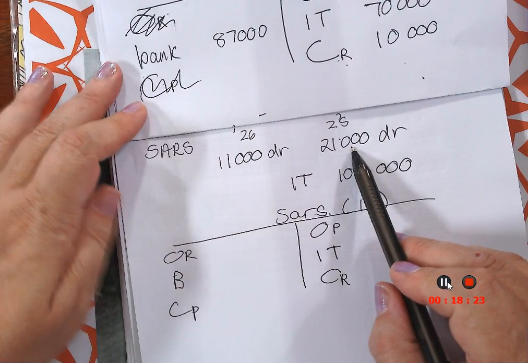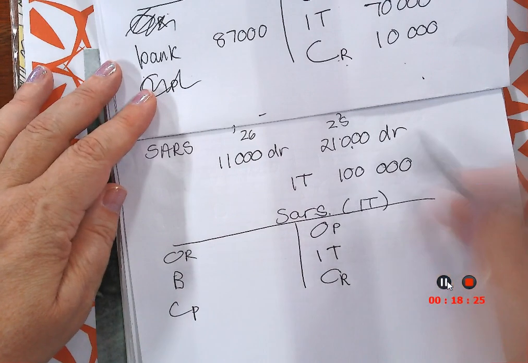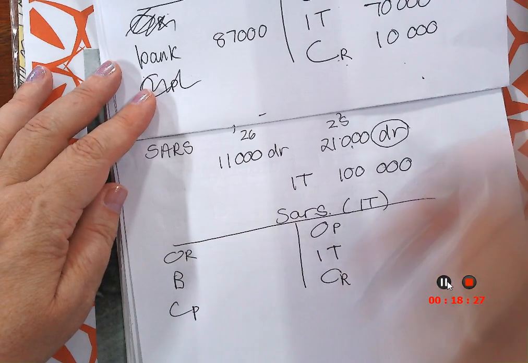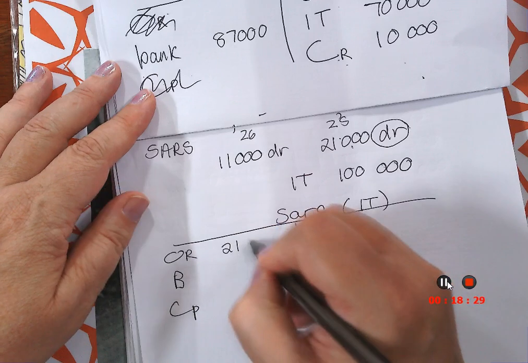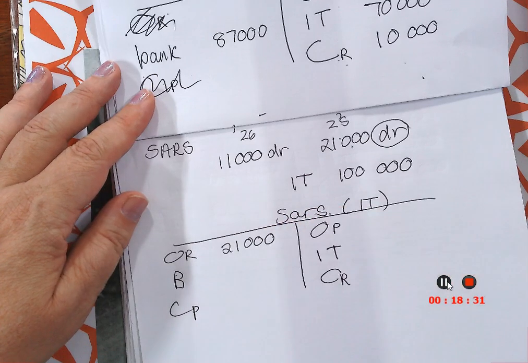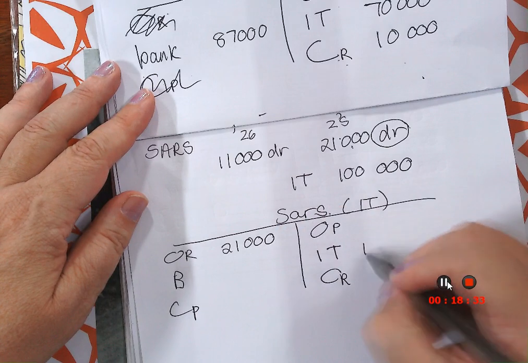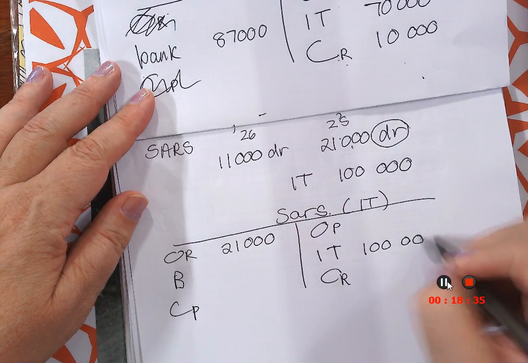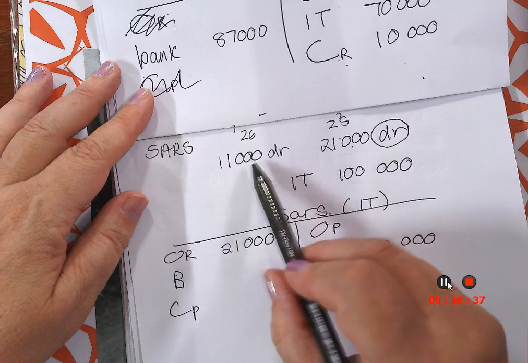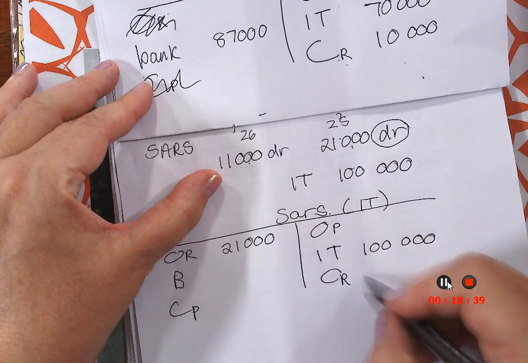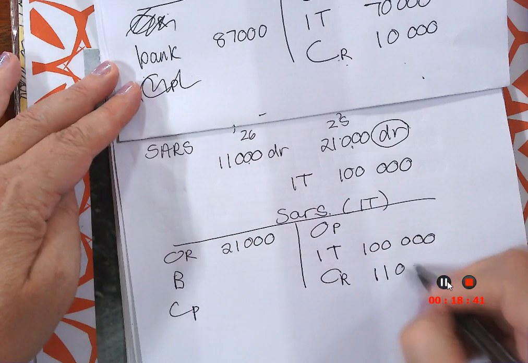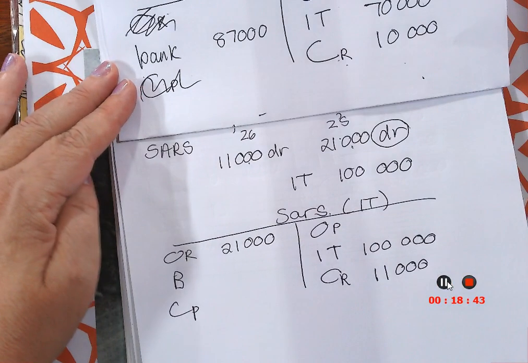My opening is a receivable. My income tax is 100. And my closing is also a receivable. So, is it 90,000? Yes.